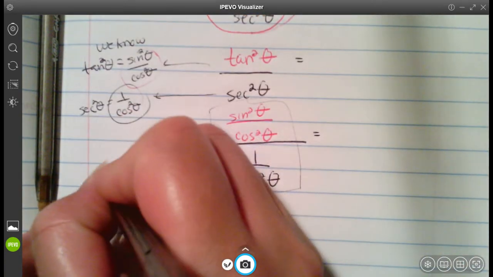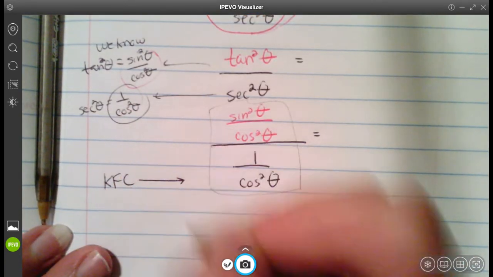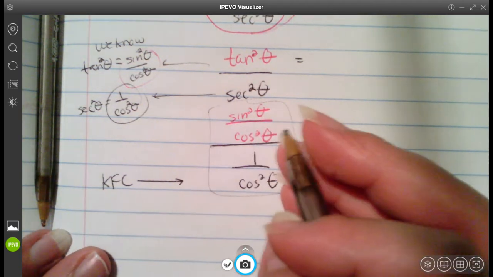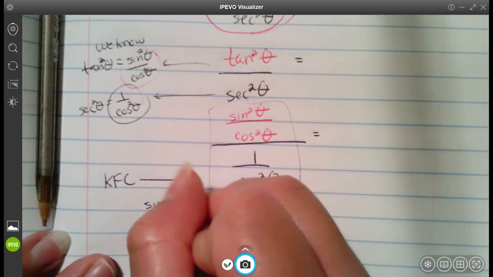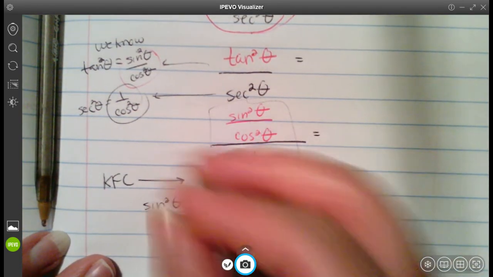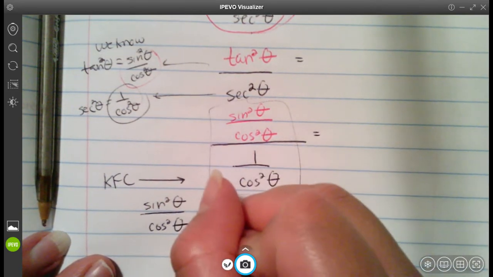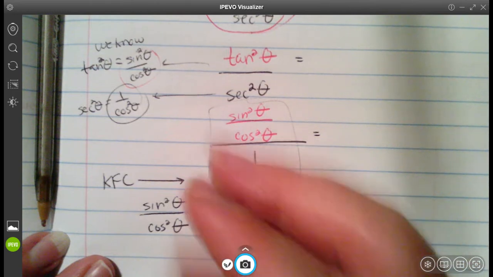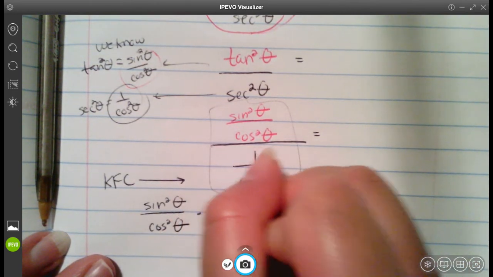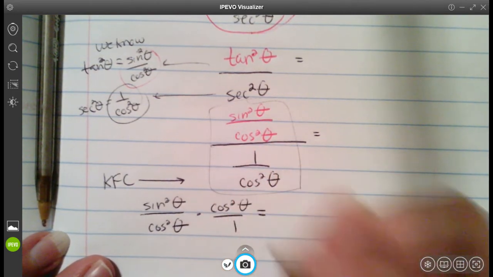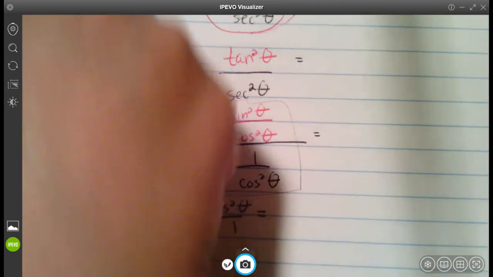We have a double fraction, so we're going to have to do our keep, flip, change for this part right here. So that will look like the following. Sine squared theta, the top fraction, over cosine squared theta, times, I'm going to flip this one, cosine squared theta over 1, and look what happens.